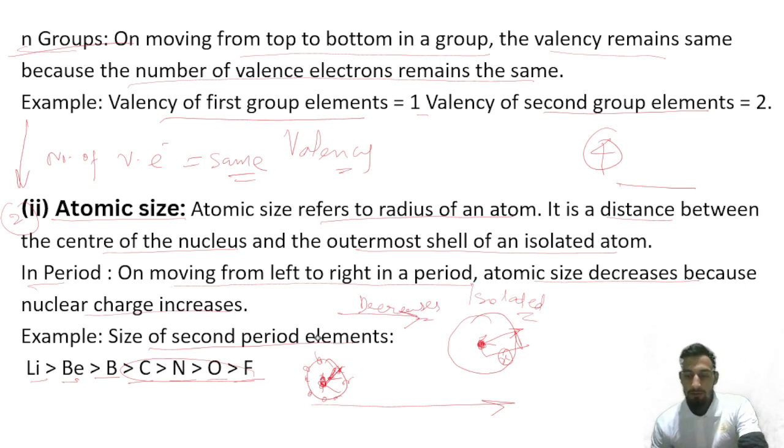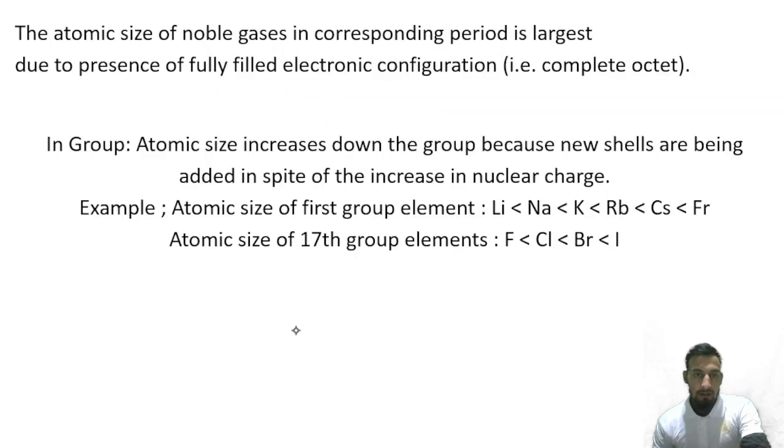Similarly, we are going to see what will be the trend along the groups. The atomic size of noble gas. अब जब हम पीरियड में देखते हैं कि साइज डिक्रीज हो रहा है, लेकिन एक पीरियड में सबसे बड़ा साइज that is of what, this.